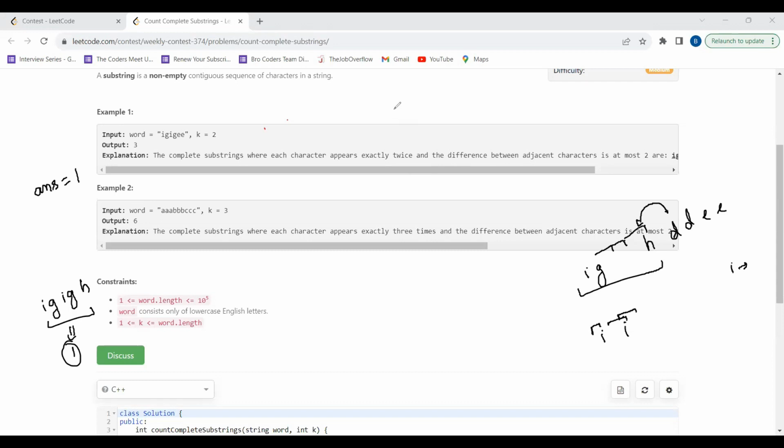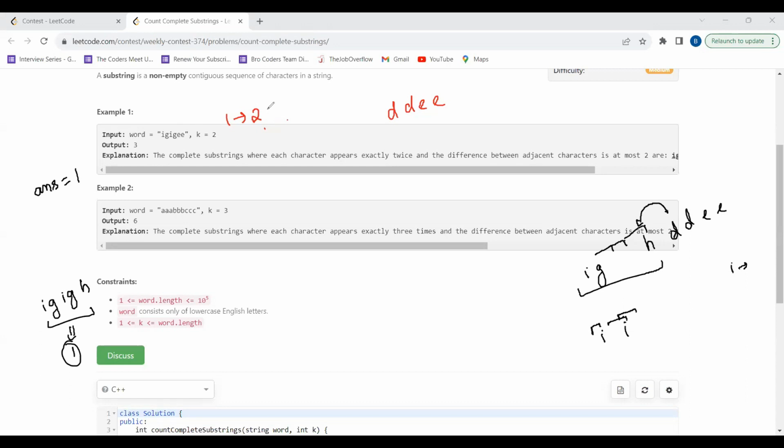Okay. We'll take the next substring, DDEE. I want all the substrings in which I have got one unique character, and each of the unique characters is occurring exactly two times. Clear? So I want in my substring there should be one unique character, and that unique character should occur twice.